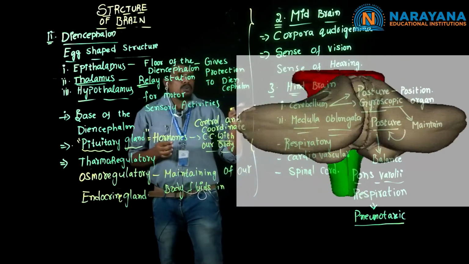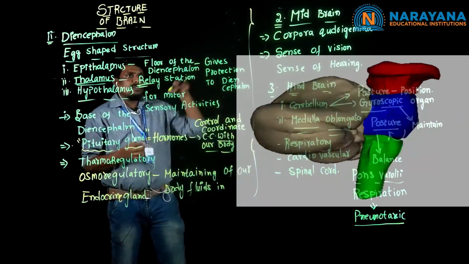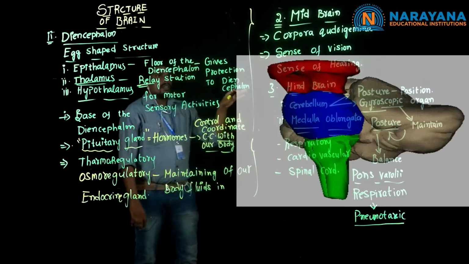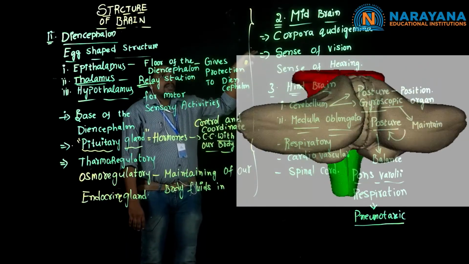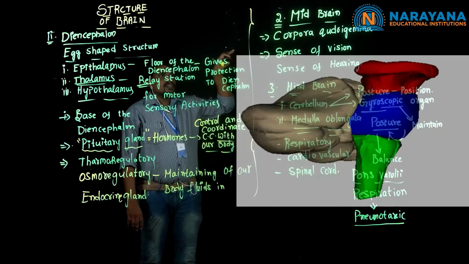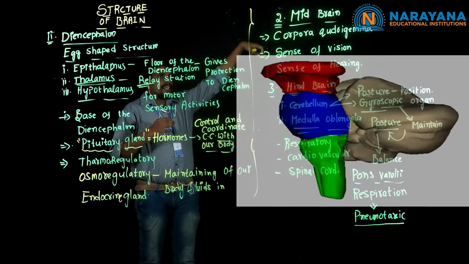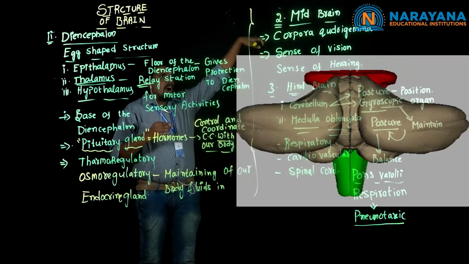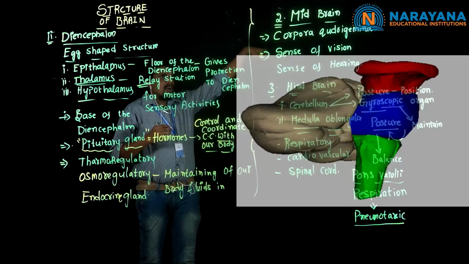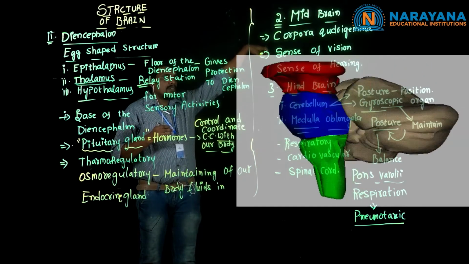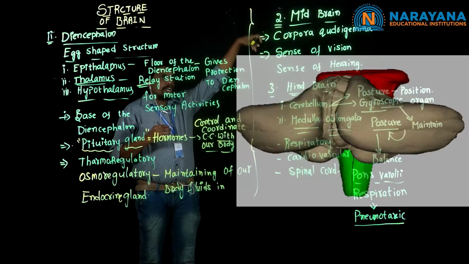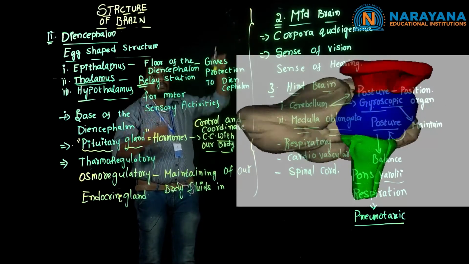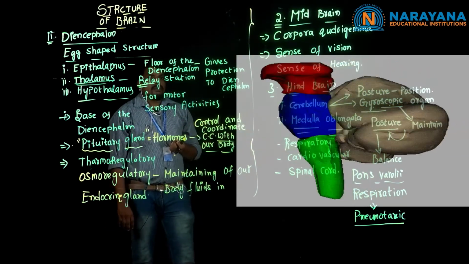And once again, you can look at the hindbrain, which has a specific role in the diencephalon. So here the red color part is there, no? Upon the surface of this red color part, the diencephalon is located. Sir, next diagram please.